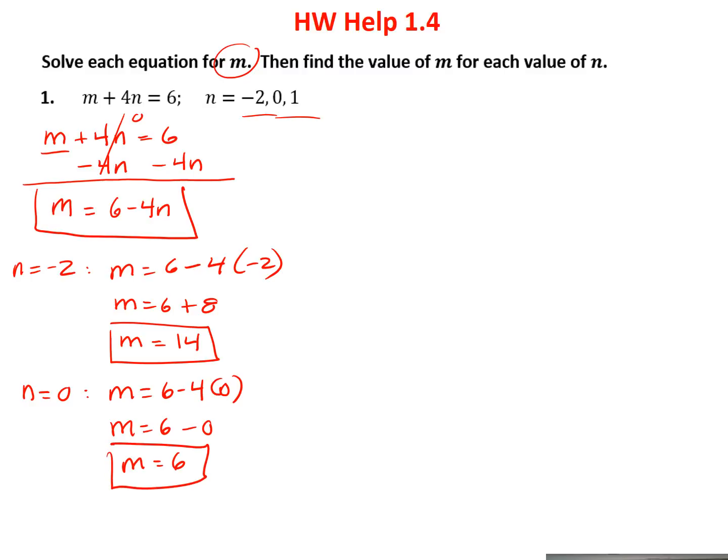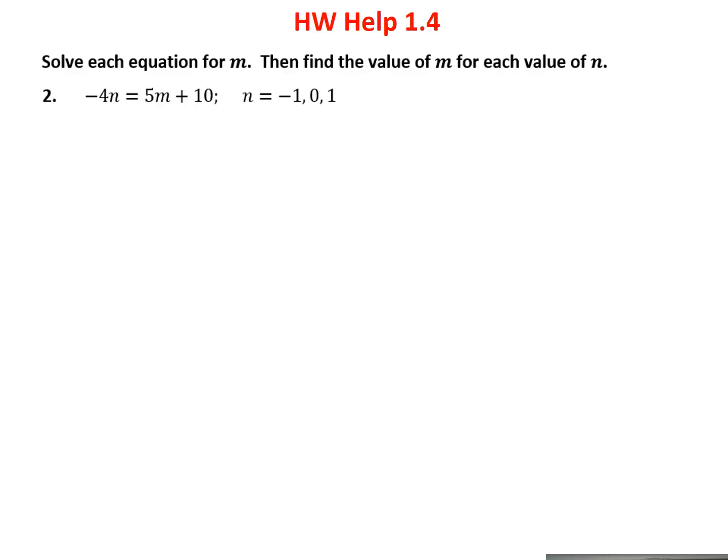And then lastly, when n equals 1, m equals 6 minus 4 times 1. 4 times 1 is 4. 6 minus 4, so m equals 2. So when n is 1, then m is 2. All right? So that's problem number 1.